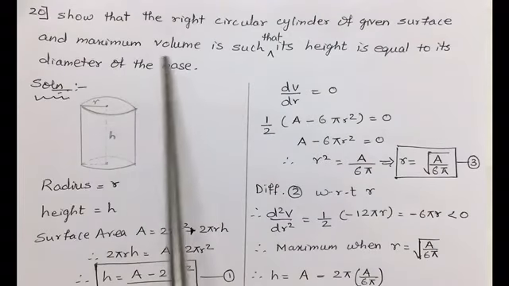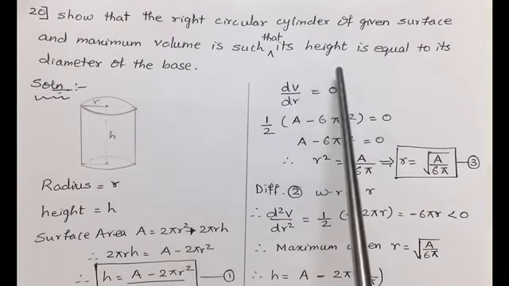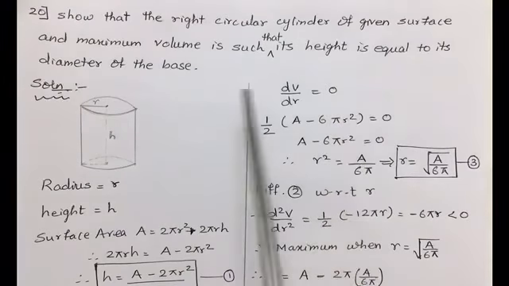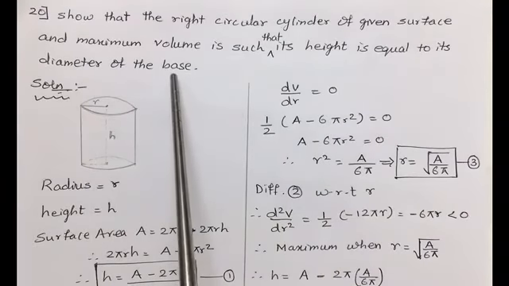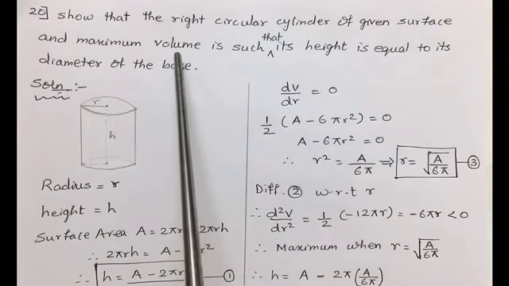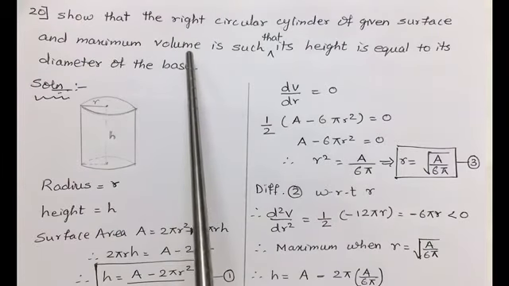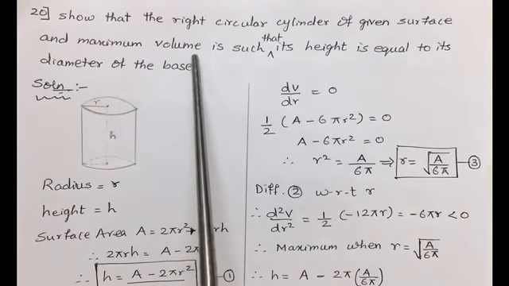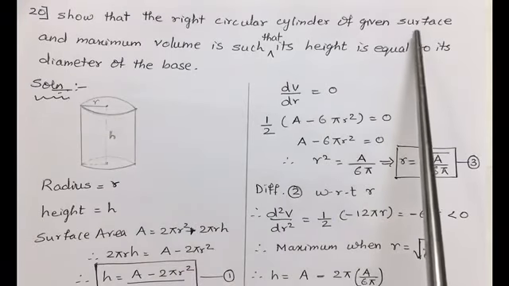When the volume is maximum, then the height is equal to the diameter of the base. So here we have to maximize the volume function and the surface area is fixed.